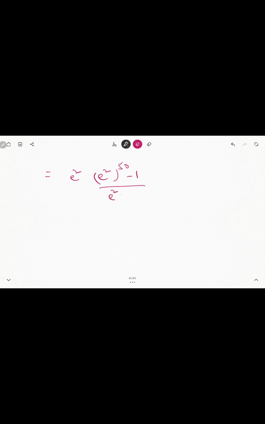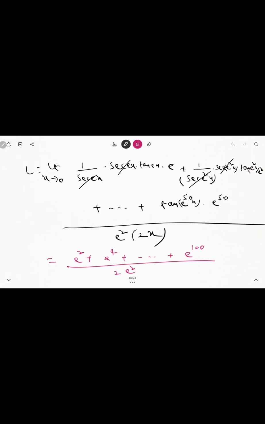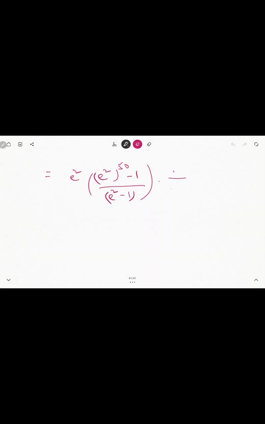So r is here e square into 1 by 2e square. So e square cancels, and you are getting finally e power 100 minus 1 by 2 e square minus 1, like this. Option B is correct. Once again check there and solve it.